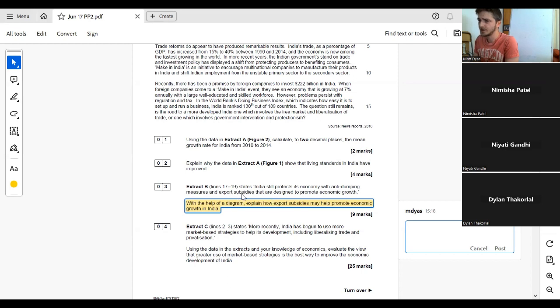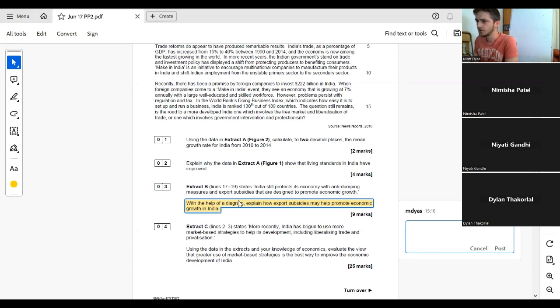Export subsidies are going to make your exports more competitive. Think about what a subsidy does: it just makes the good cheaper. Export subsidies therefore encourage people to buy exports. The X component of aggregate demand rises. Therefore, given the aggregate demand equation, AD as a whole rises. And then you can show on the diagram that GDP rises and economic growth happens.